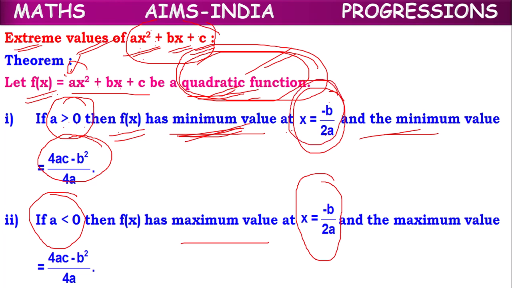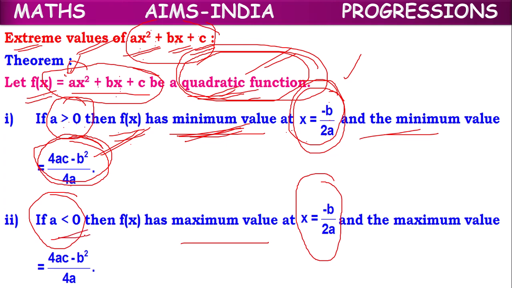Means in the place of x, if we keep minus b by 2a, at that value this entire function will have the minimum value, and the minimum value formula is 4ac minus b square by 4a. At what value it will have the minimum value means this one. What is the minimum value means this one.